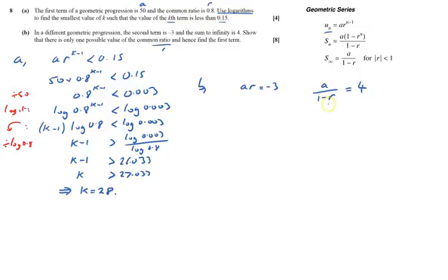So I've got to solve this. I've got two equations, two unknowns, so I'm going to work out what A equals. 4 times 1 minus R, and then substitute that in there.